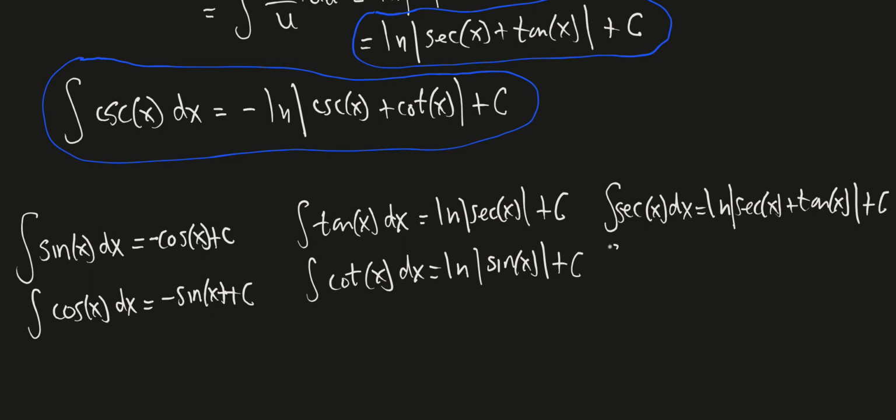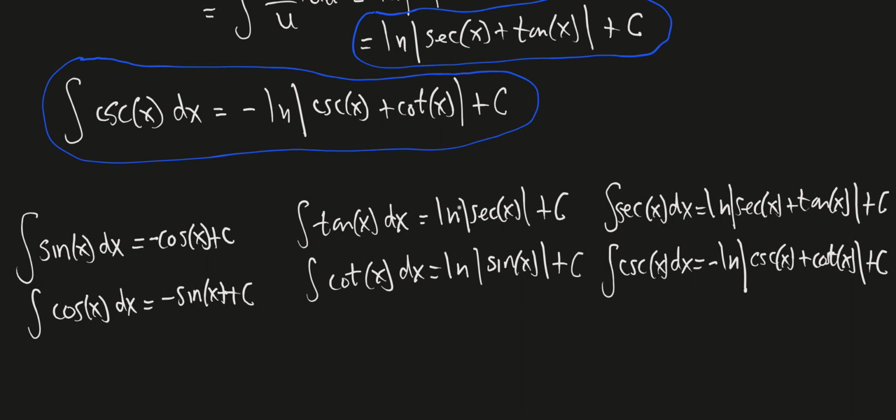And then finally, the antiderivative of cosecant x dx is negative the natural log of the absolute value of cosecant x plus cotangent x plus c, right?